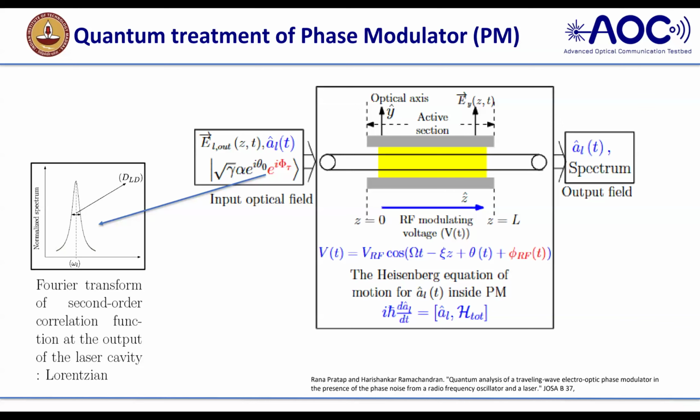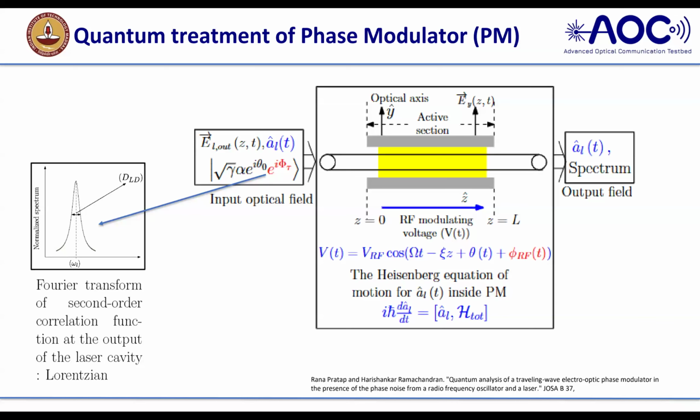If you don't give any signal or phase noise, what is my H naught? Once you turn on the RF modulating signal, my dielectric constant will depend upon this RF signal, E to the power i zeta t, and that will change my perturbation. Perturbation means it will change my existing Hamiltonian, and the Hamiltonian is the total energy of the system.